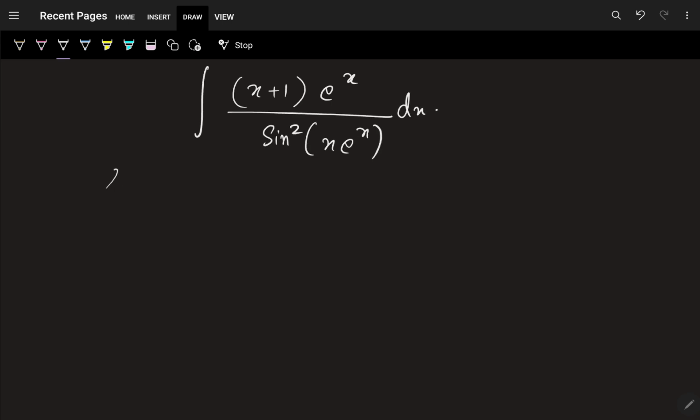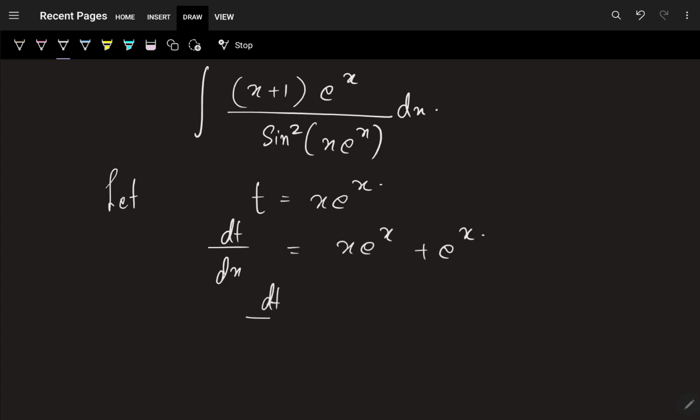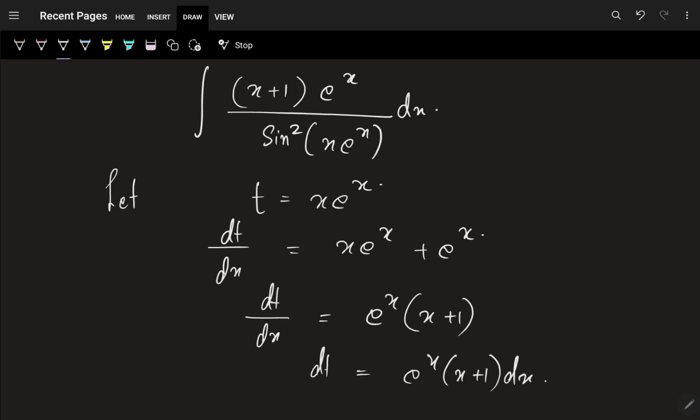So you let t as x e to the power x, do the derivative, dt upon dx will be x e to the power x plus e to the power x. So dt by dx, if I take e to the power x common, is going to be x plus 1. So dt will be e to the power x times (x plus 1) dx.